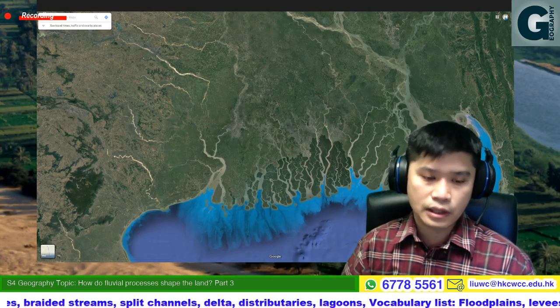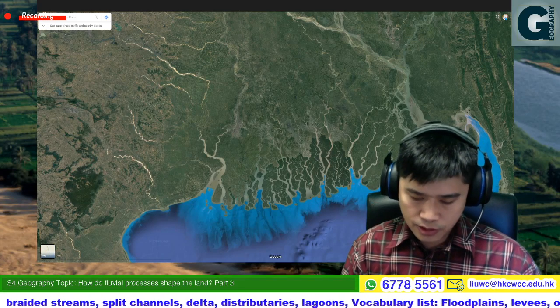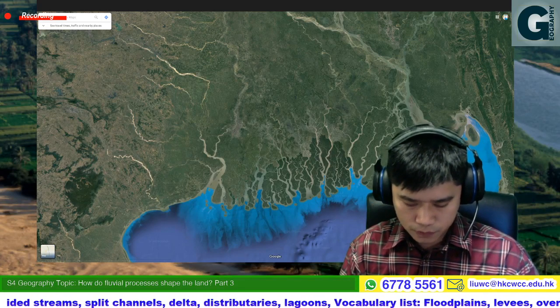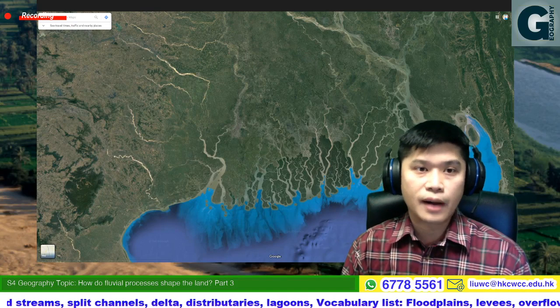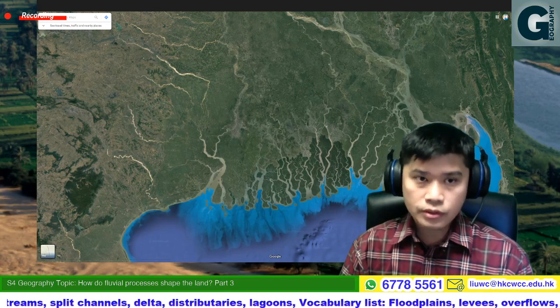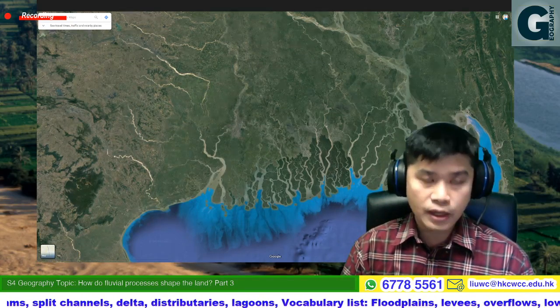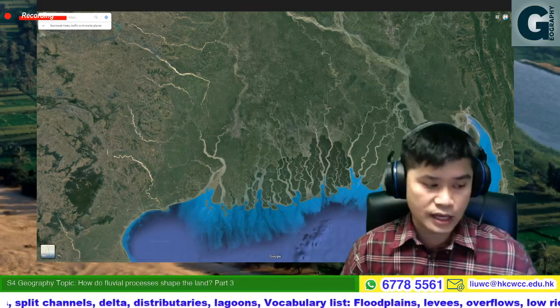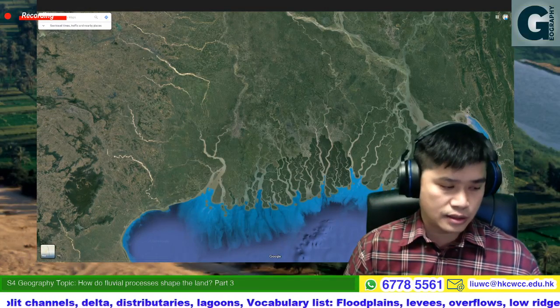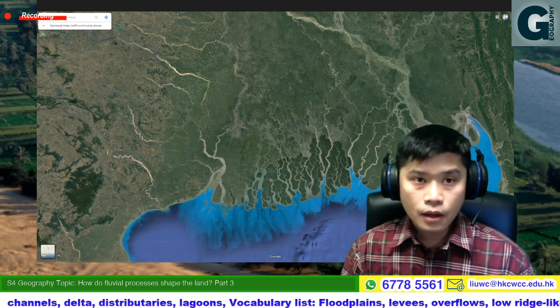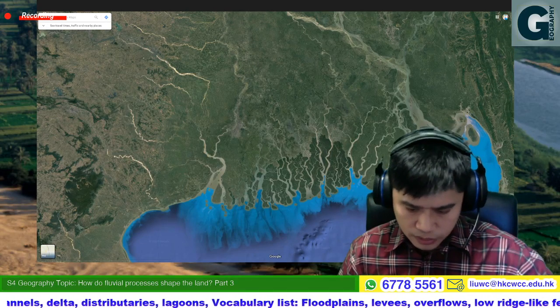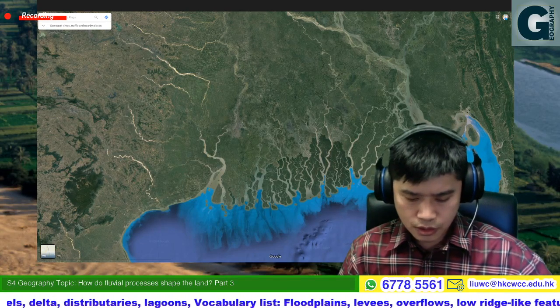So that would be delta. Remember, delta would be good for farming. So that would be about the formation of the features of the landscape at the lower coast.